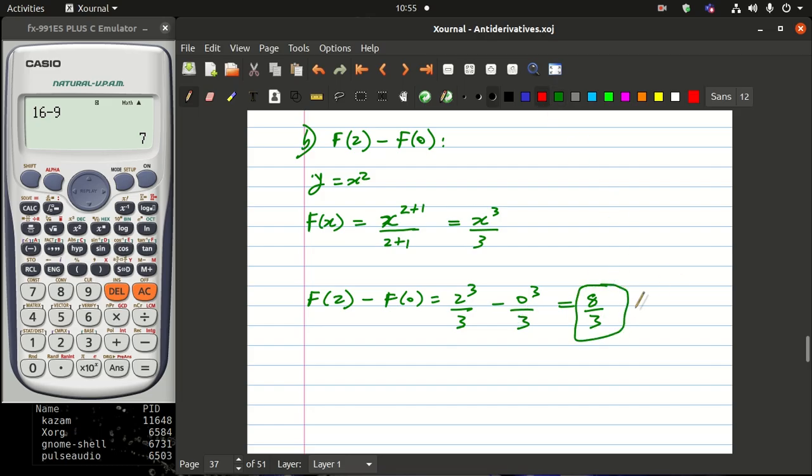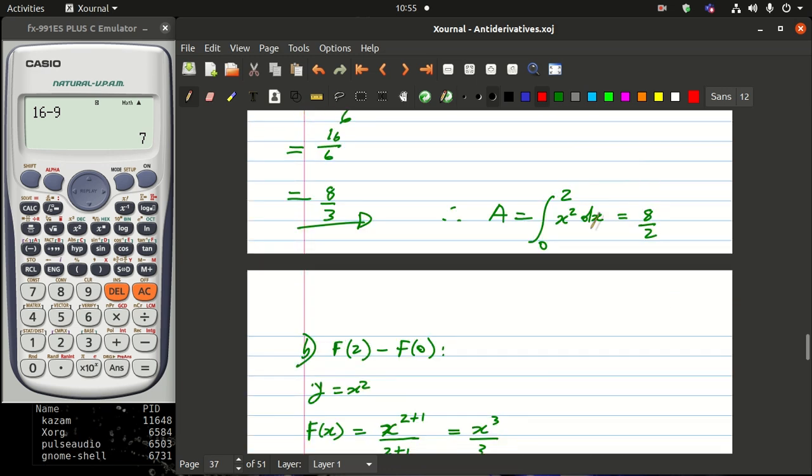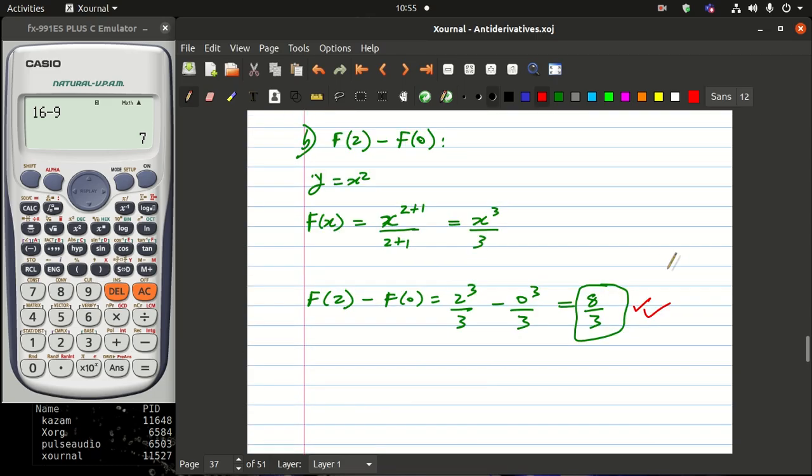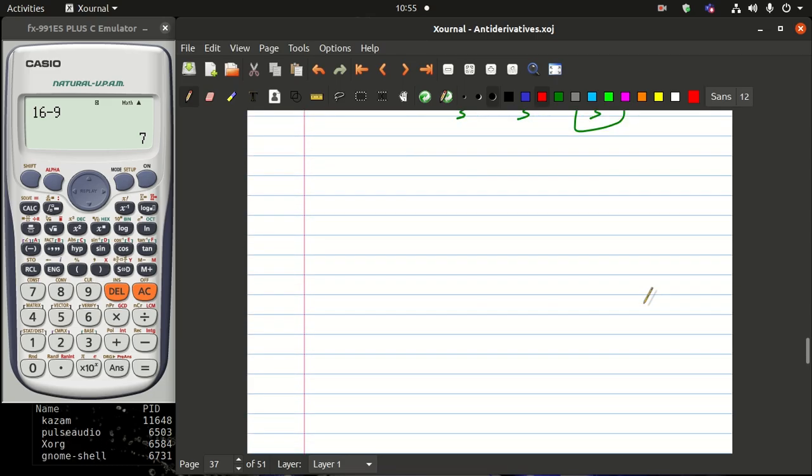Can you note that this second answer is the same as that? So we have this area, the net area between these 2 points is that, and actually the net area, the difference between this particular antiderivative, you take the difference, you get the same thing. I hope you can see that these are the same.